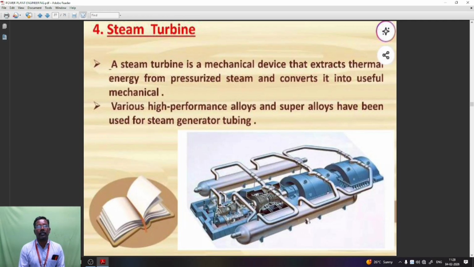Steam turbine. A steam turbine is a mechanical device which converts thermal energy into useful mechanical energy. Various high performance alloys and superalloys have been used for steam generator tubing.